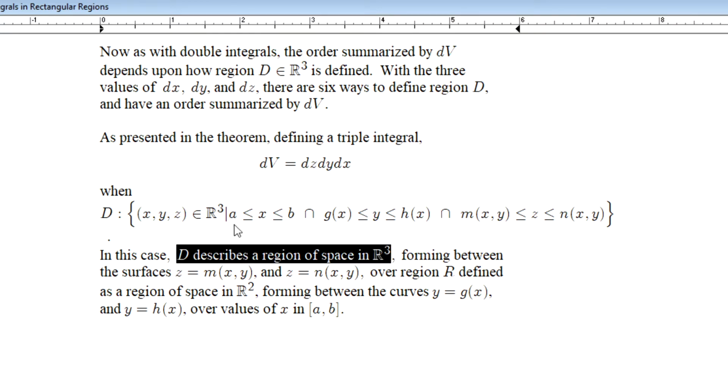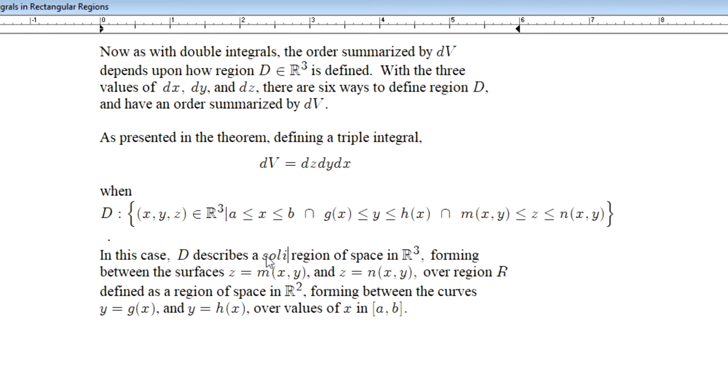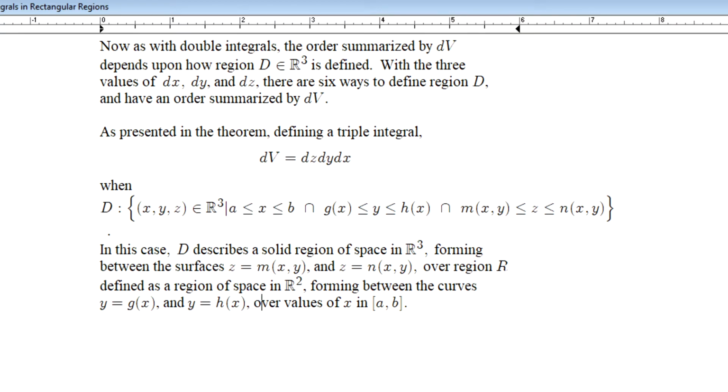It's a solid region of space, where this solid is forming between 2 surfaces, m of x y and n of x y, over region R, where region R is defined as the region of space in R2 forming between these curves, g of x and h of x, over values of x in this closed interval from a to b.